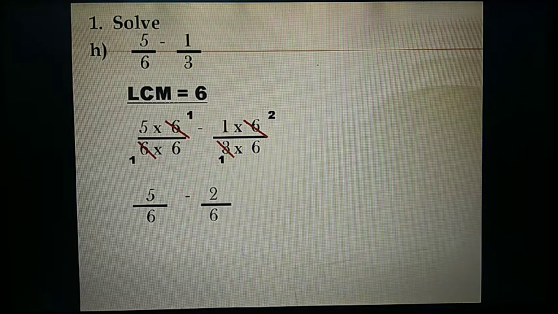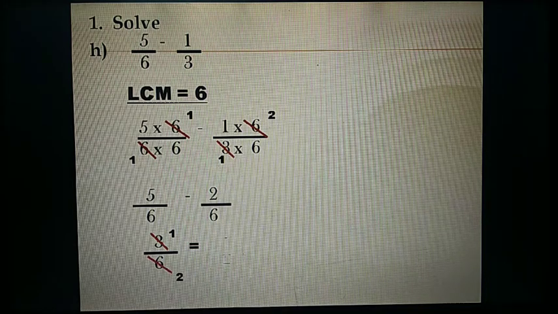The denominator part always gives you the LCM, as we are cancelling the old denominator. So we will get here 3 upon 6. Yes, here 3 and 6 have a common factor, 3. We can cancel it by using the table of 3. And yes, you will get the answer as 1 upon 2.